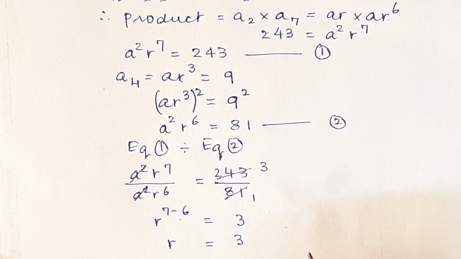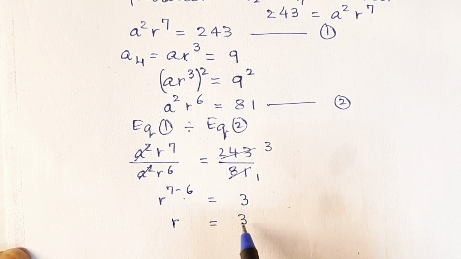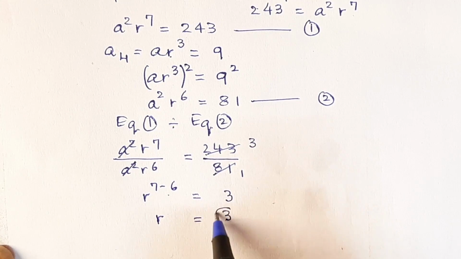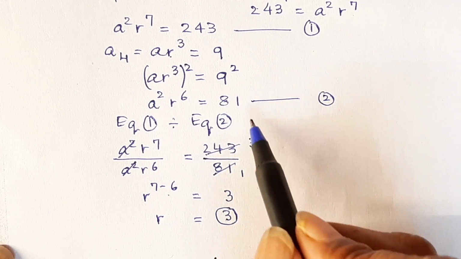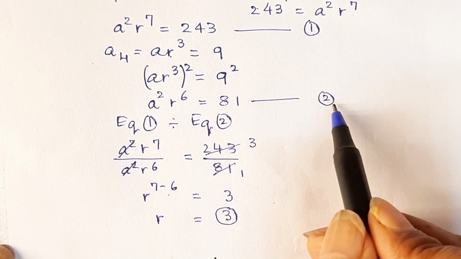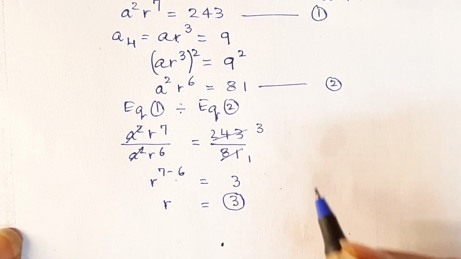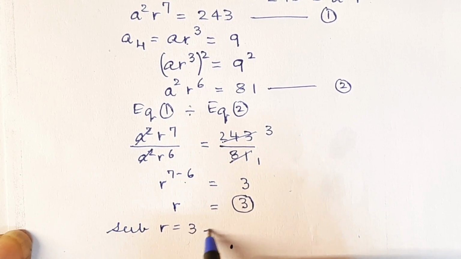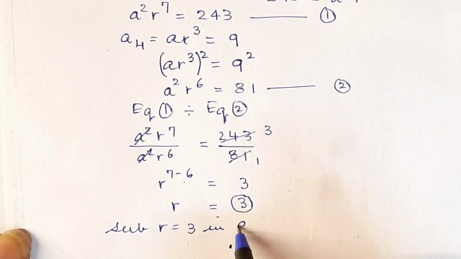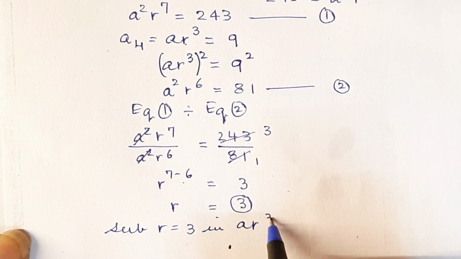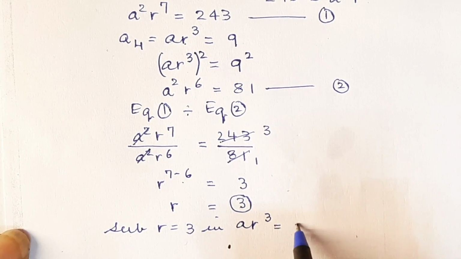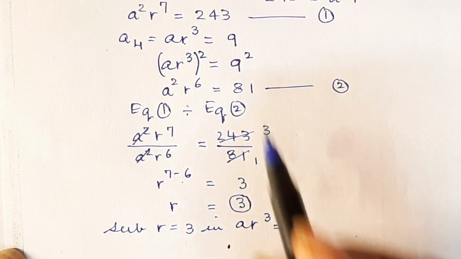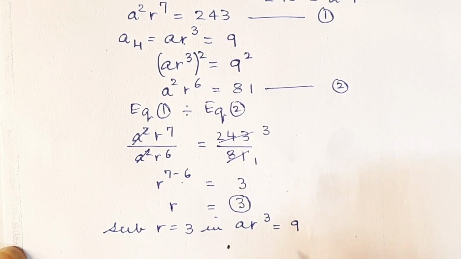So now we have the value of R. R is 3, which we'll have to substitute in one of these equations. The easiest equation to substitute will be this one. So we will say, substitute R equal to 3 in AR cube will be equal to 9. So we will take this equation that is here and we'll substitute.